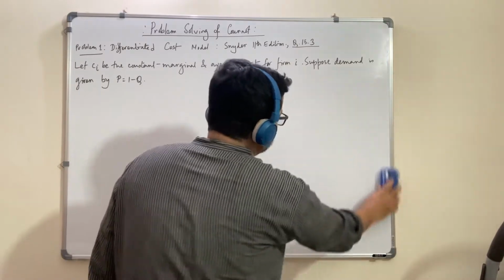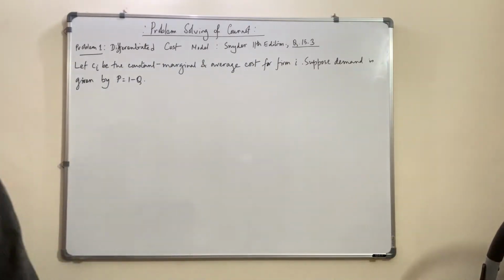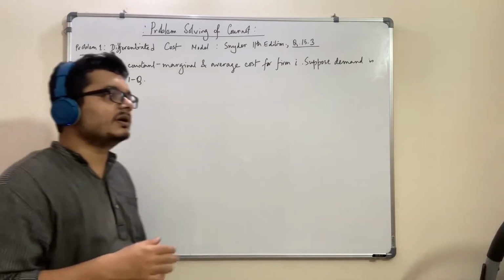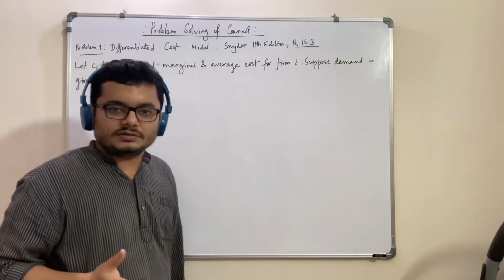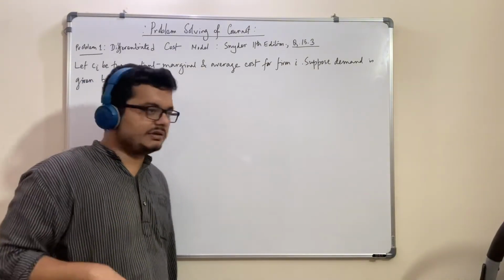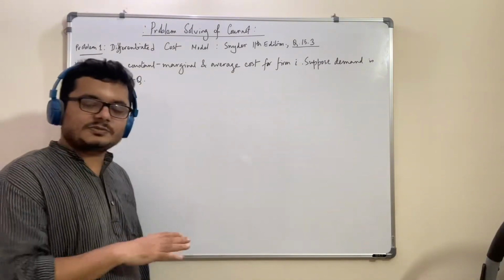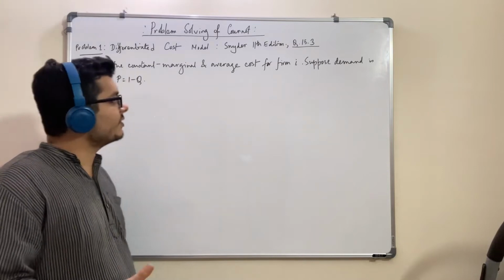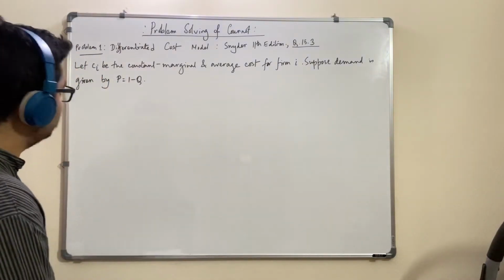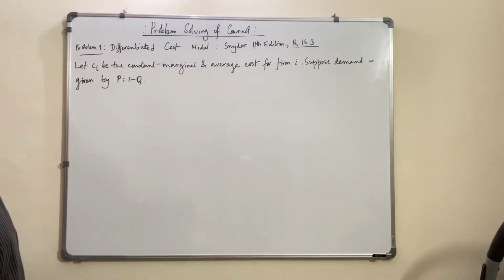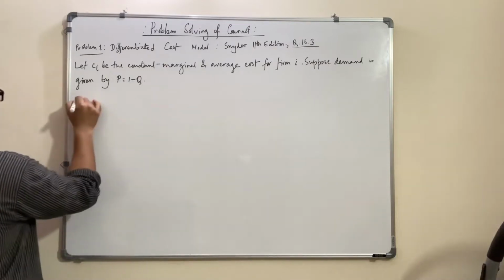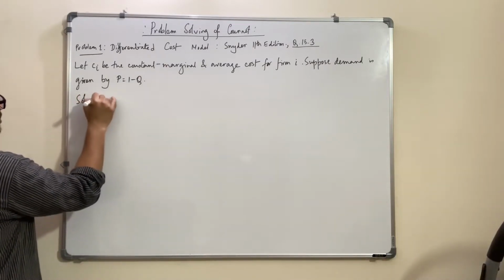Although we have not shown really how the equilibrium of the Cournot model that we derived also becomes the Nash equilibrium, given that knowledge, that the Nash equilibrium of this model is basically the equilibrium we derived, we are going to solve the problem. So let's start with the solution.